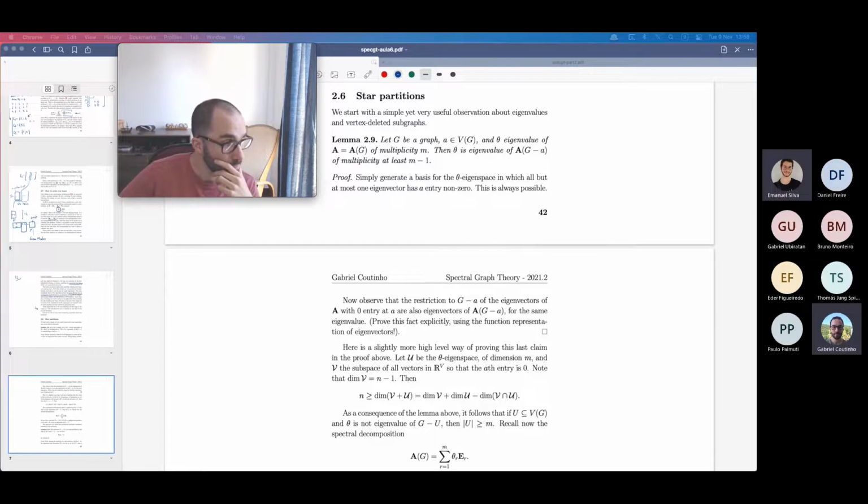Just out of curiosity, do you know the complexity of the fastest algorithm for graph isomorphism? I know the reference. So this is the reference.